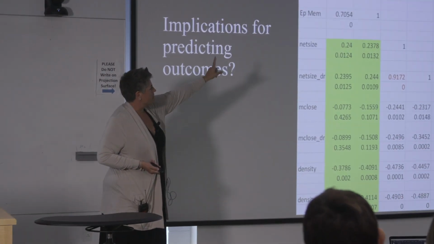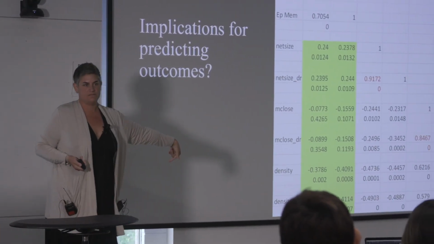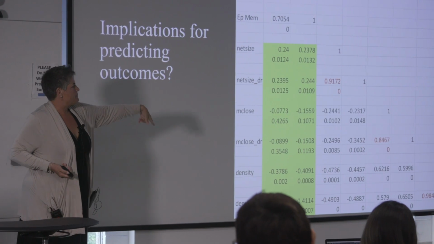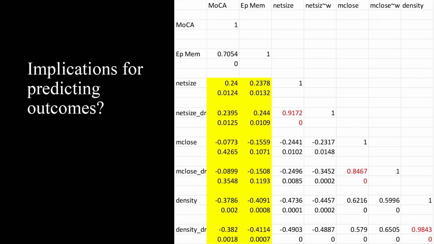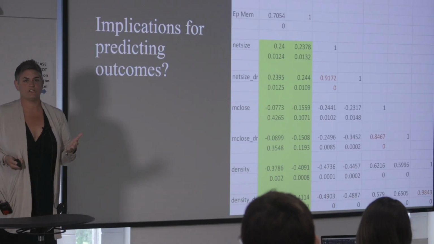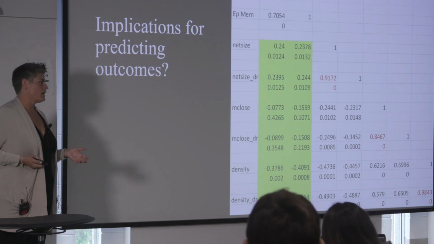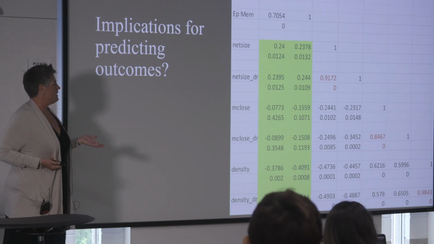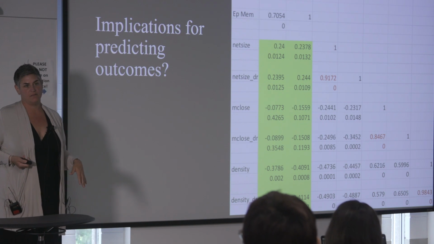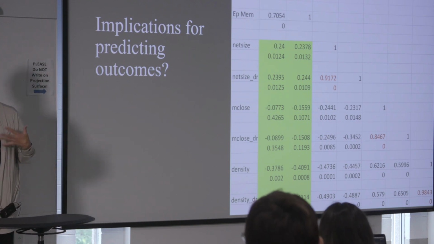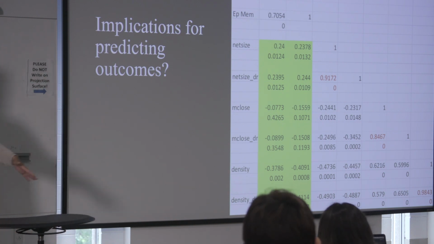In predicting MoCA, which is general cognitive function, and episodic memory, one of the most important for ADRD, they look almost identical. The correlations are very, very similar. So you're not getting a lot of predictive power here, even for measures of bridging that are typically pretty robustly associated with these outcomes. We're not seeing a lot of difference.